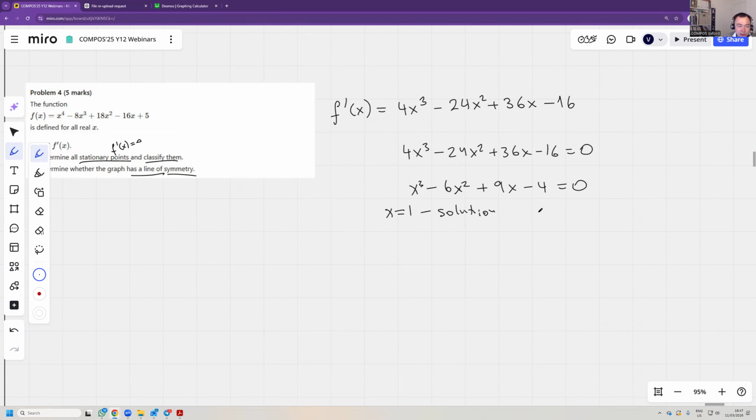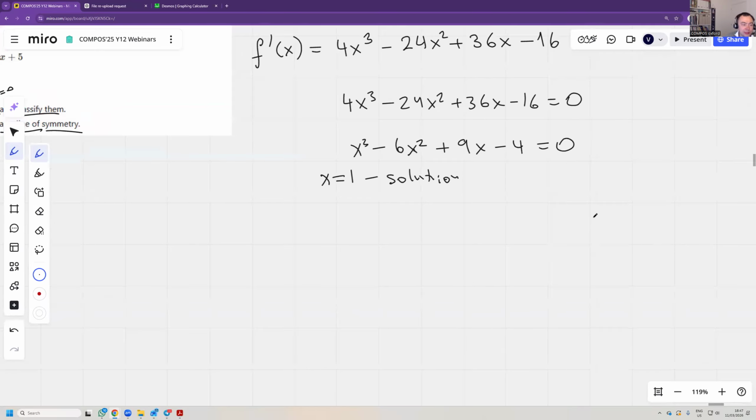So I'm going to factorize. To factorize, I'm going to do it like this: x cubed minus x squared minus 5x squared plus 5x plus 4x minus 4 equals 0. So what I've done is I've broken the 6x squared into this, and I've broken 9x into this. And look what happens when I do that.